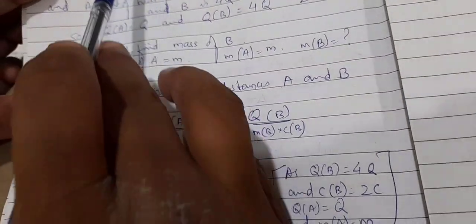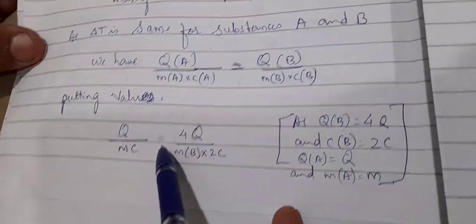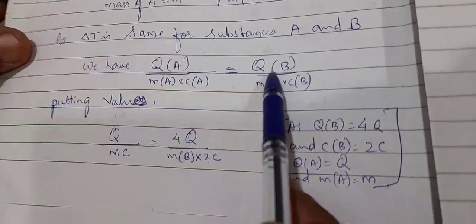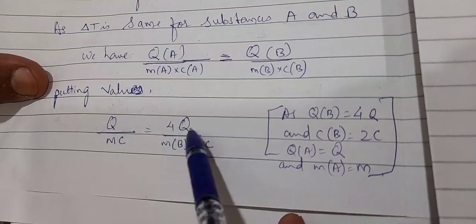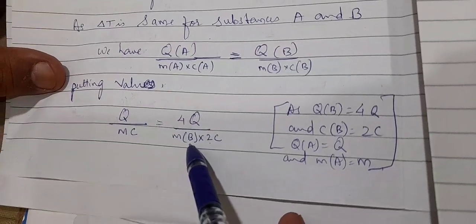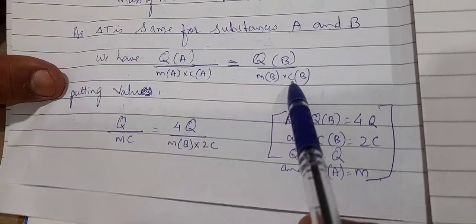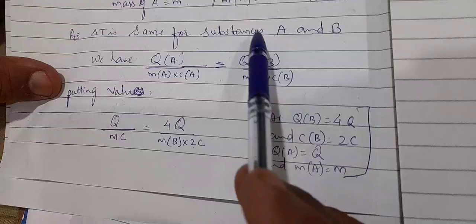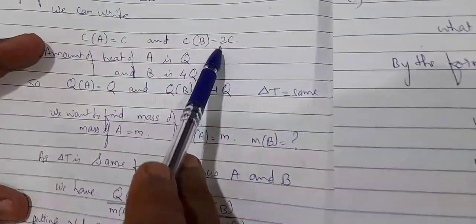Specific heat of A is C. So I will write C is equal to, now amount of heat of B is 4Q upon mass of B, we have to find mass of B, into specific heat of B, which is 2C.